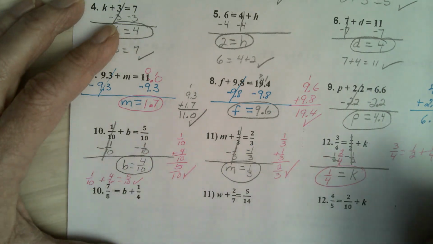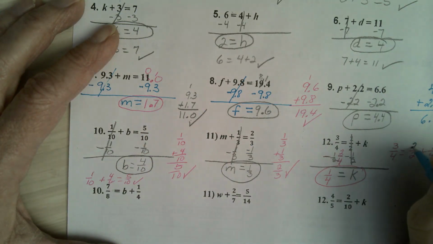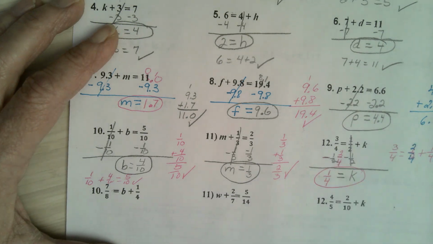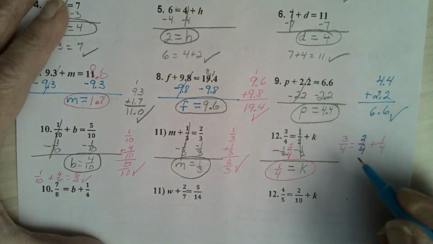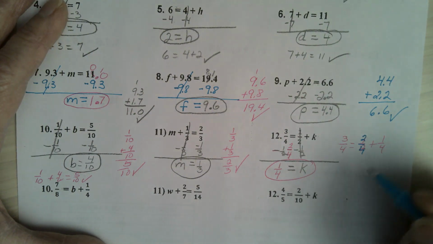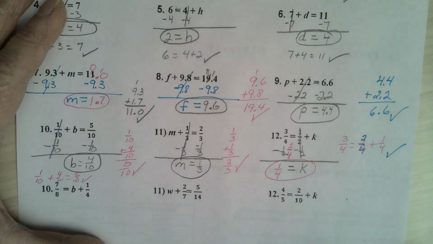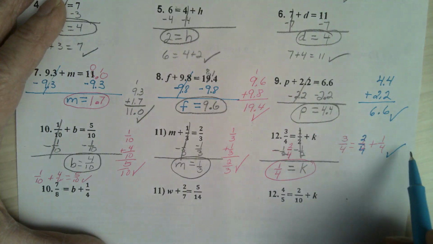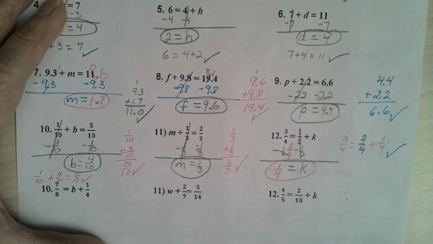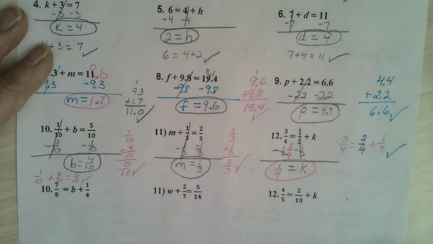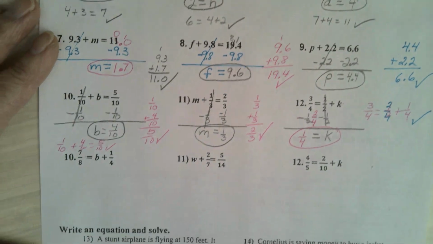Well, we're going to change 1/2 to 2/4, right? Does 1/4 plus 2/4 equal 3/4? Yes, it does. There's my check step. You can do it horizontally or vertically. I don't care, but you've got to show it. And in fractions, when you add or subtract, you have to have the same denominator.